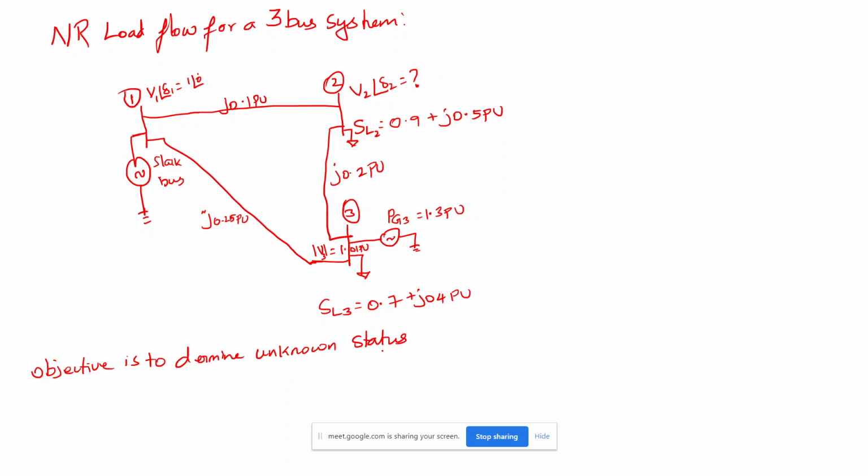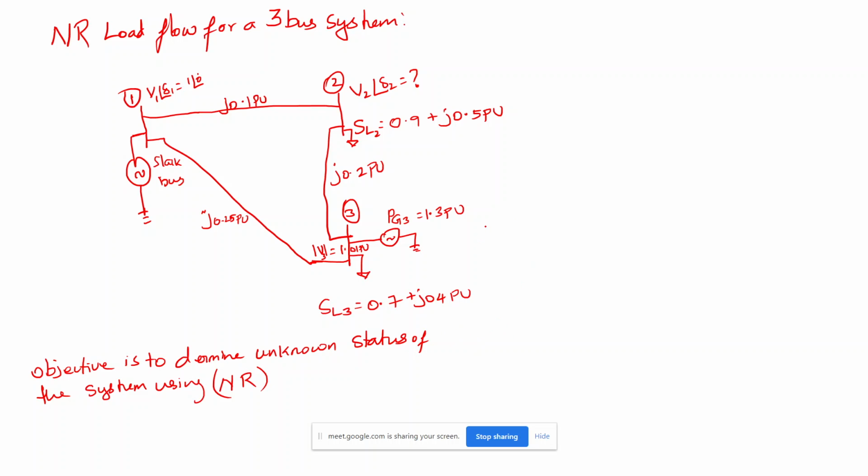What are states here? State is nothing but voltage, the unknown voltages and angles. Those are the states of the system using Newton-Raphson method. Using Newton-Raphson method, we need to find out the unknown quantities.